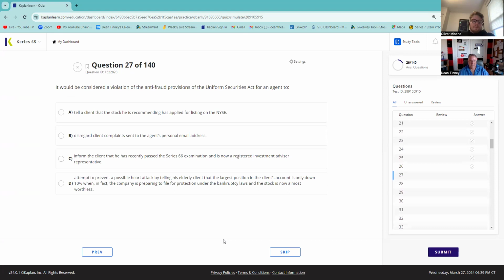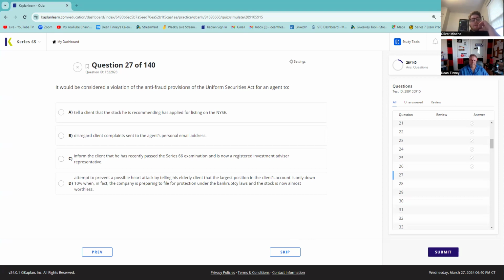It would be considered a violation of the anti-fraud provisions of the Uniform Securities Act for an agent to... disregard clients' complaints sent to the agent's personal email address.